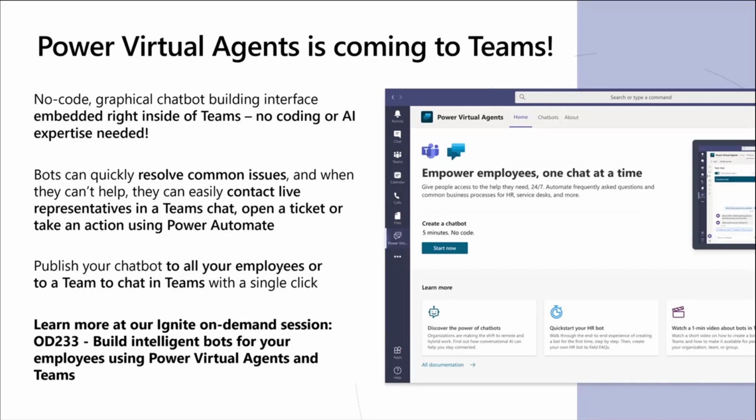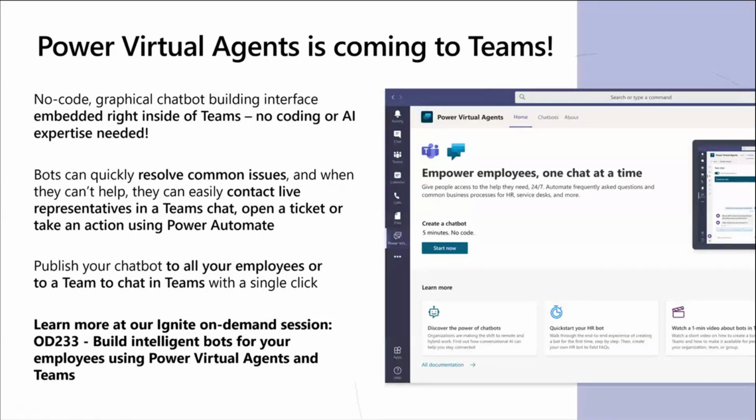And thirdly, publish your chatbots to all your employees or to a team with a single click. So eventually, you can learn more about this in the session during Ignite, where they'll be making a lot of interesting announcements, specifically with regards to the single clicking experience.